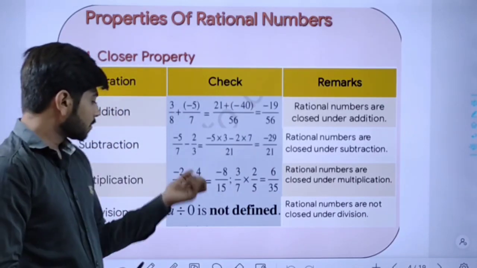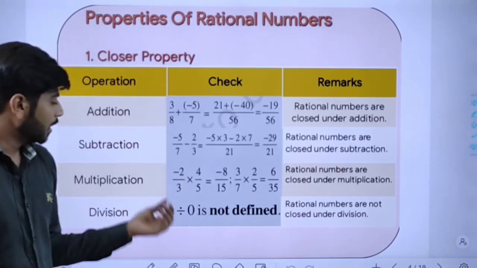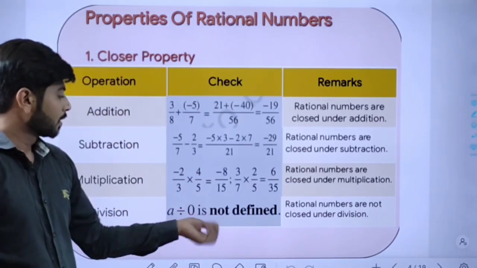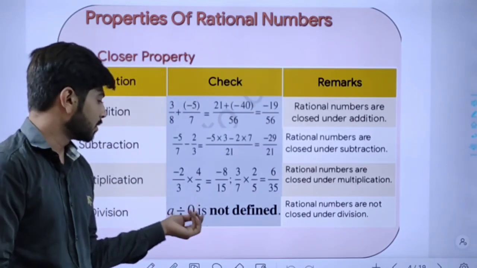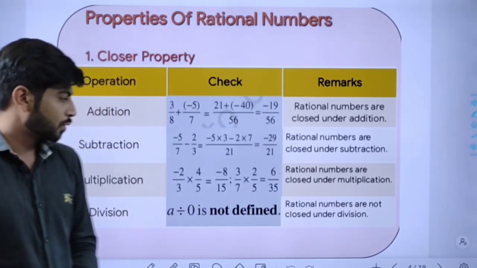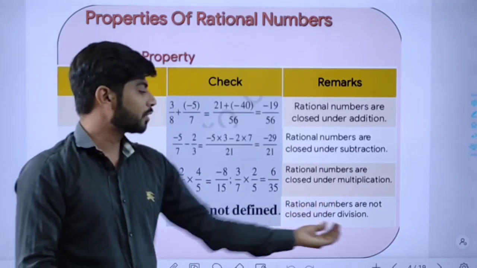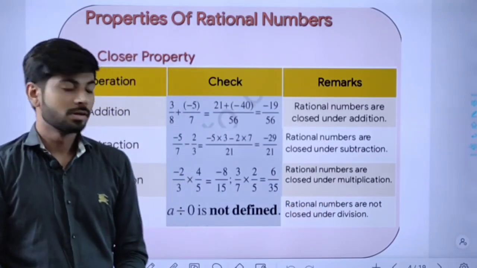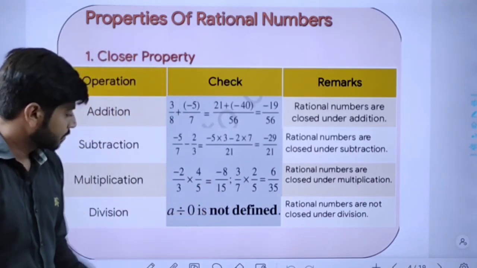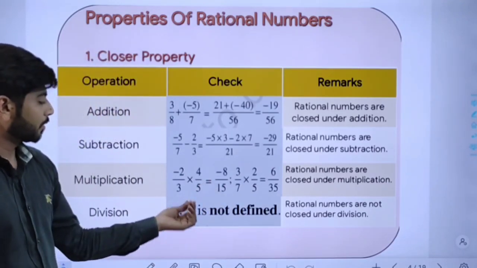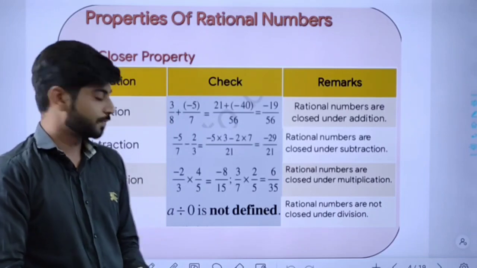Similarly, we will check for division. In division, any number divided by 0 is not defined, so the rational numbers are not closed under division. You can divide any number by any integer, but we cannot divide it by 0.